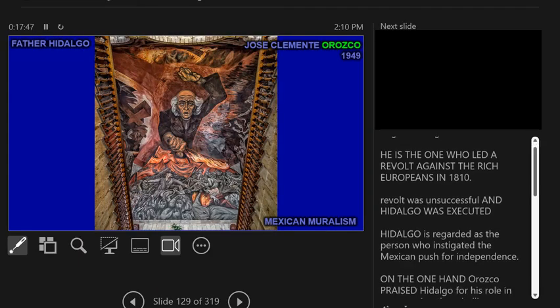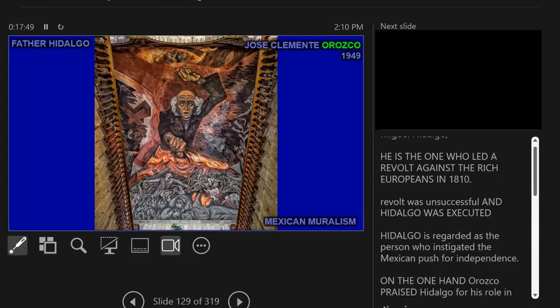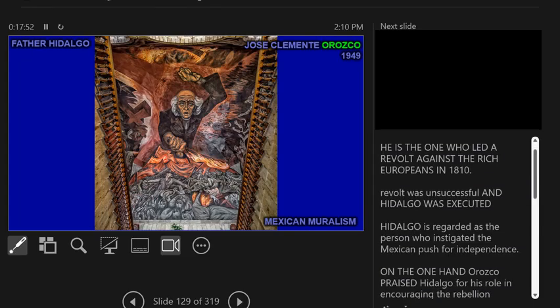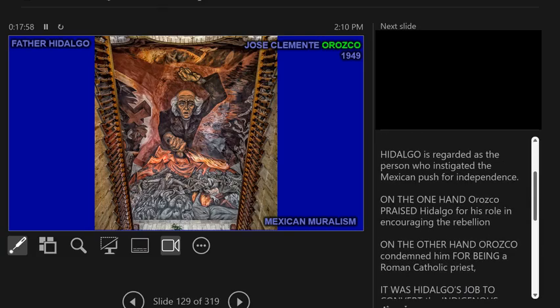The guy in the center is Miguel Hidalgo. He is the one who led the revolt against the rich Europeans in 1810. The revolt was unsuccessful and he was executed. But Hidalgo is regarded as the person who instigated the Mexican push for independence.